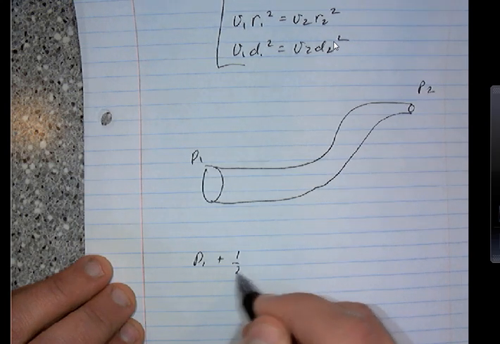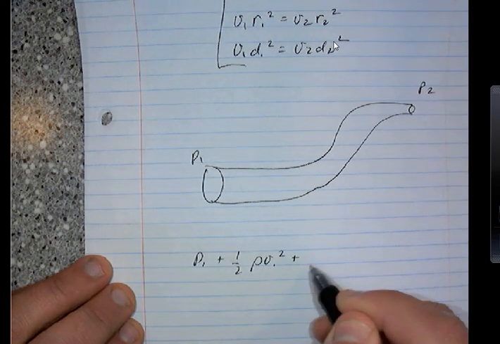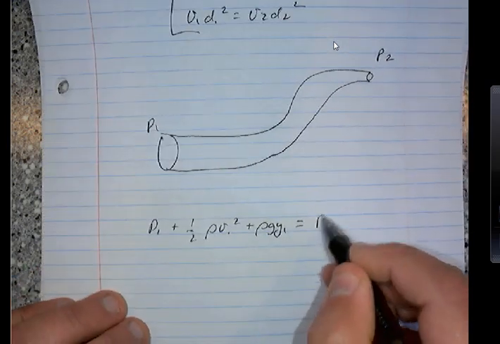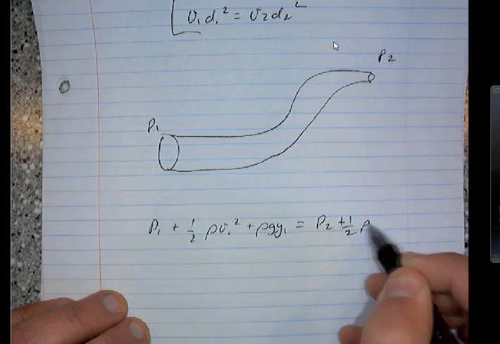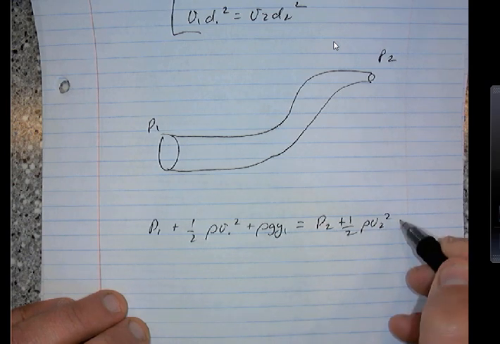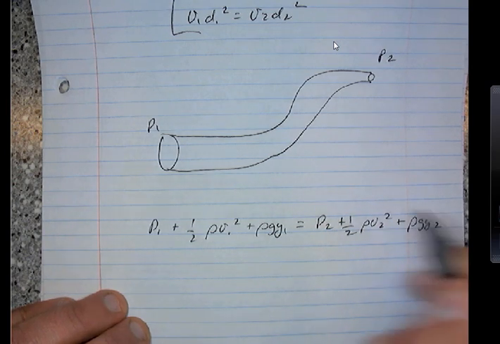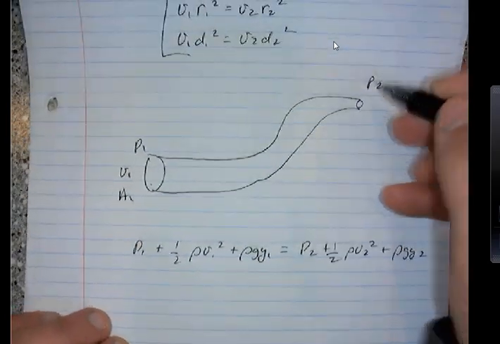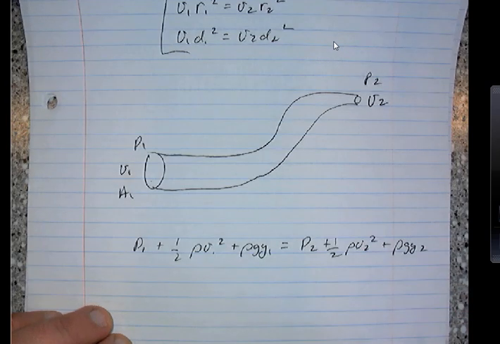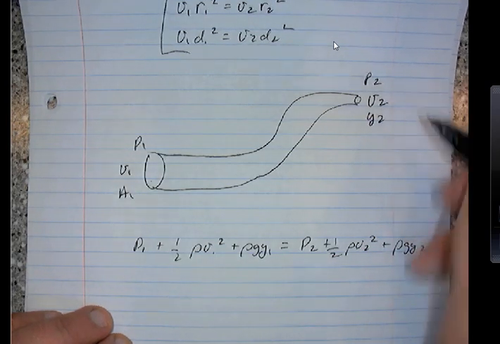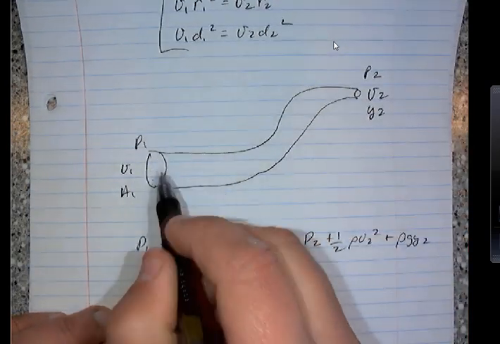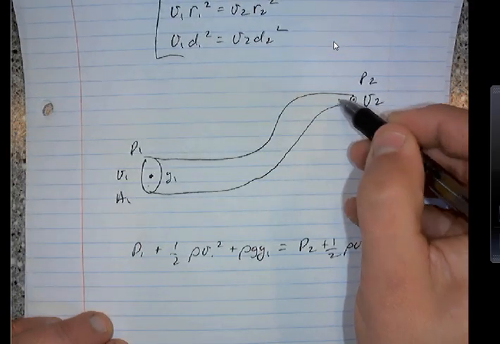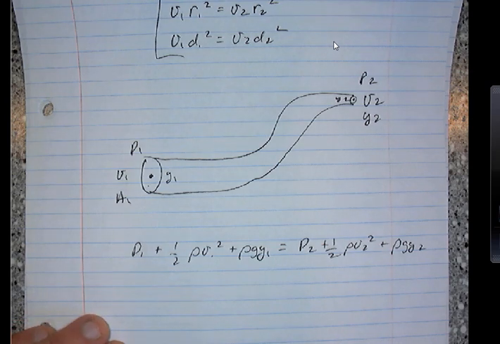Pressure 1 plus 1/2 rho V1 squared plus rho g y1 is equal to pressure 2 plus 1/2 rho V2 squared plus rho g y2. And this is V1. Again, this is area 1. This is V2 over here. This height would be y2. The height of the fluid here, maybe you could just say that this is y1. Up here, this is y2.